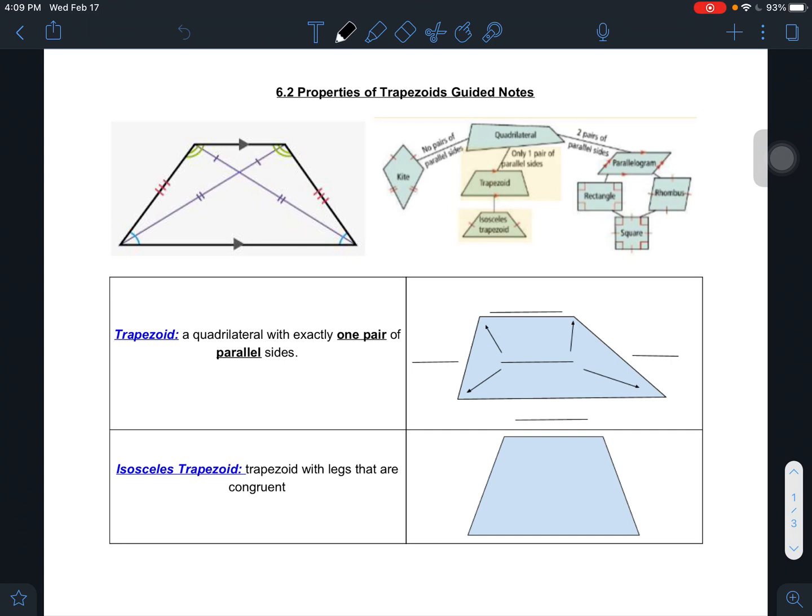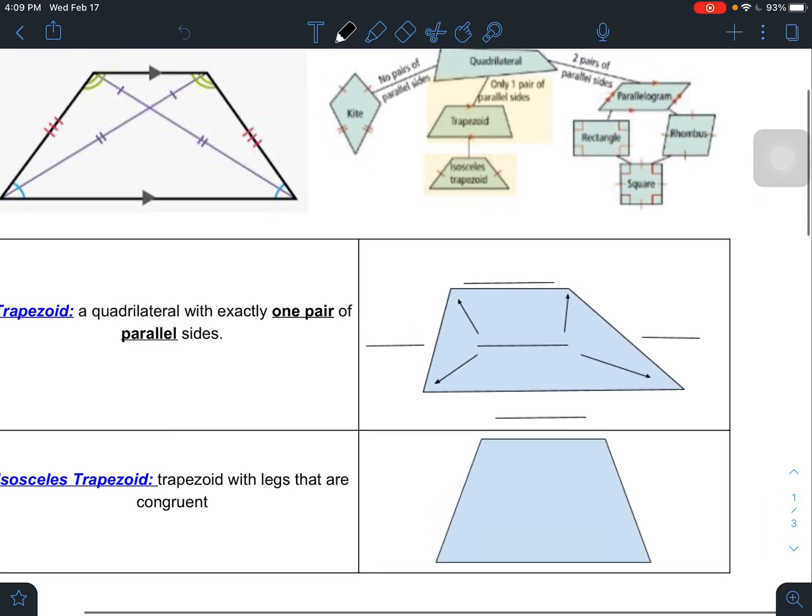But before we continue, I want to fill out this diagram so that you know the different parts of trapezoids. The first thing I want to point out is that we have exactly one pair of parallel sides. We call those bases. I'm going to label this base 1 and base 2, but really, we just call these bases.